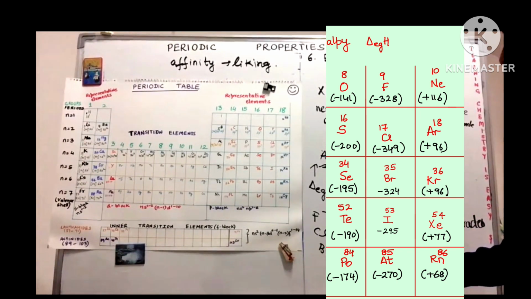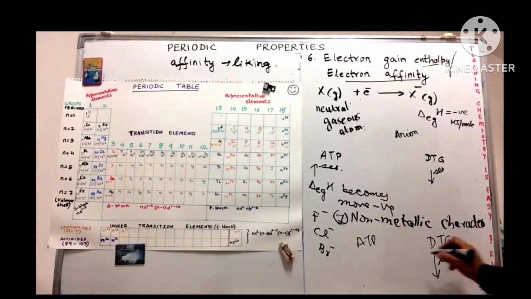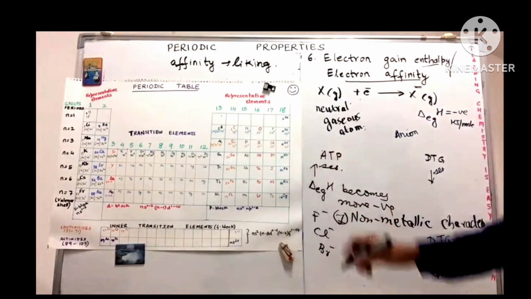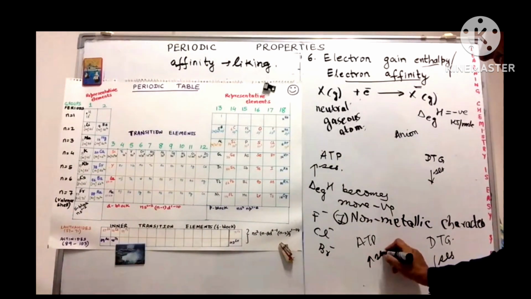So the non-metallic character across the period, down the group. Reason it out. It's related to electron affinity. Down the group, non-metallic character will decrease. Across the period, non-metallic character increases.